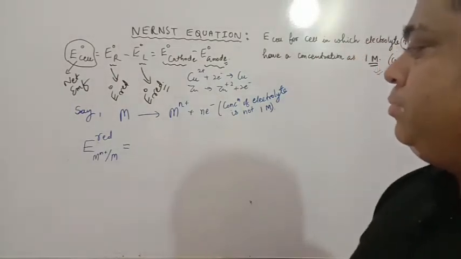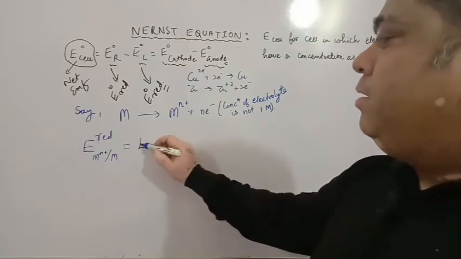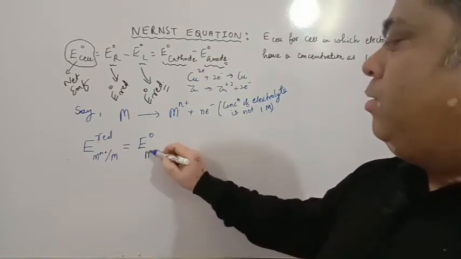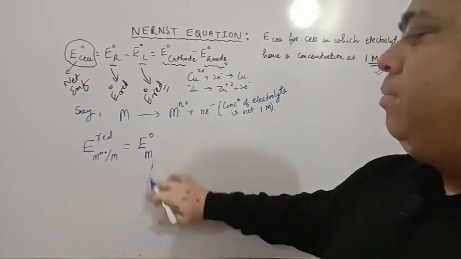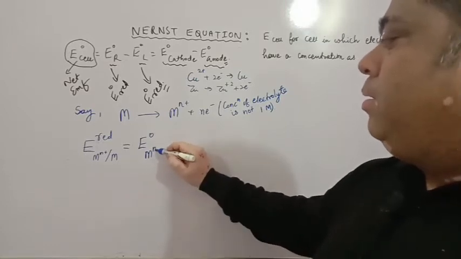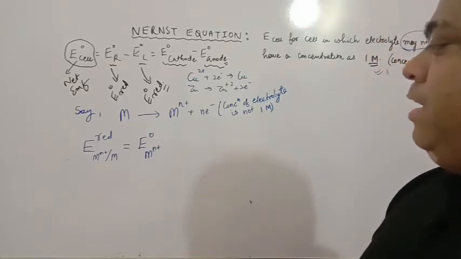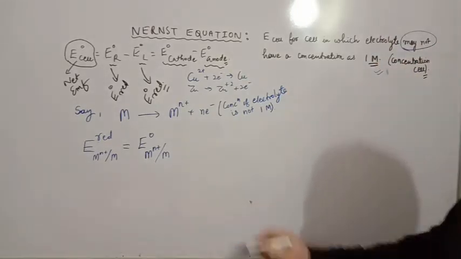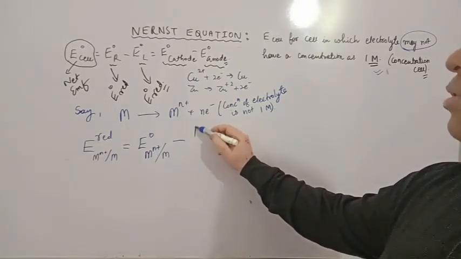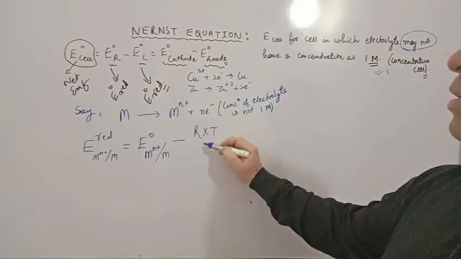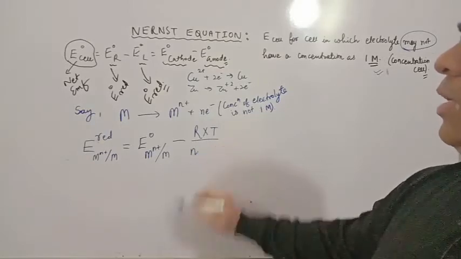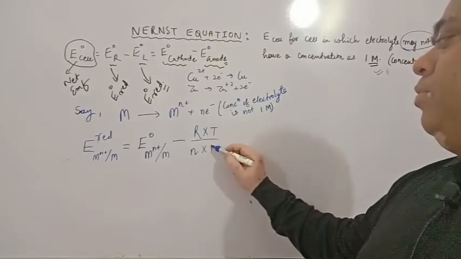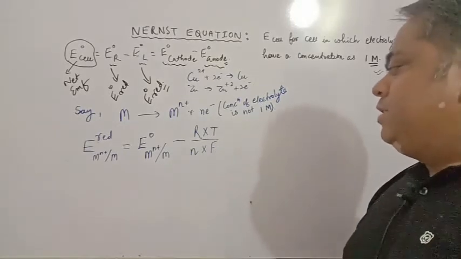It will be equal to E standard of reduction potential of the metal M having n plus valency becoming M metal, minus gas constant R into temperature divided by number of electrons gained or lost n multiplied by number of farad of charge exchanged.